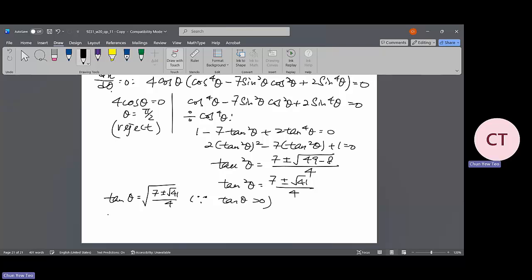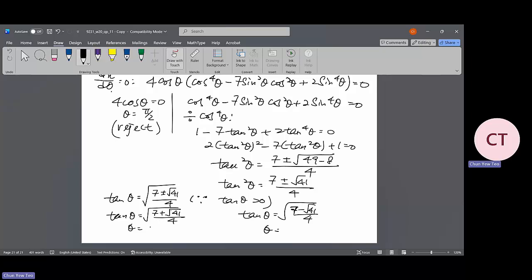Then now we need to split them, become tangent theta equal to the positive of this, and another one is tangent theta equal to the positive of 7 minus the square root of 41 over 4. So for this one, just press a calculator because the value over here looks quite messy already. We just directly press a calculator, leave the answer in terms of radian.